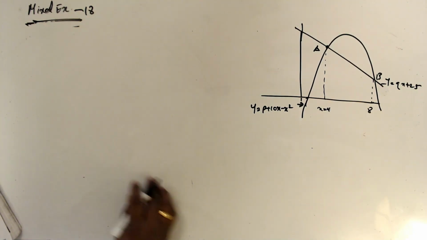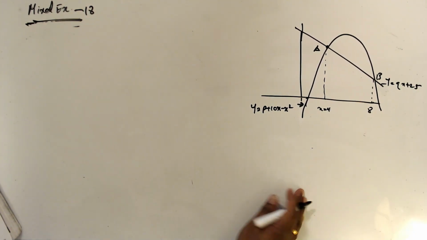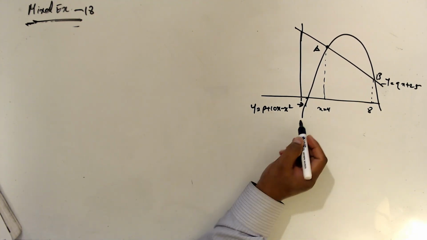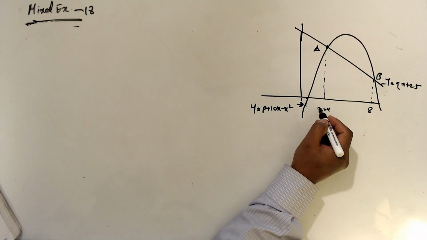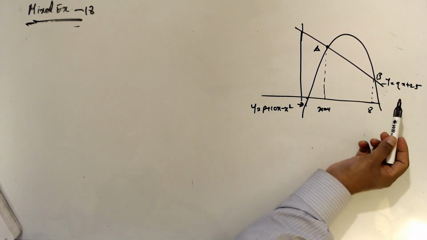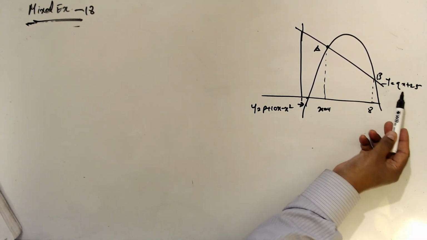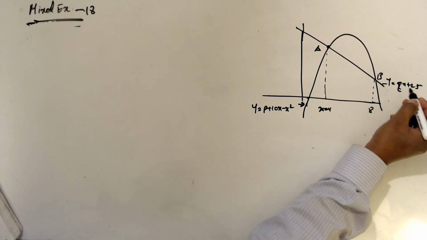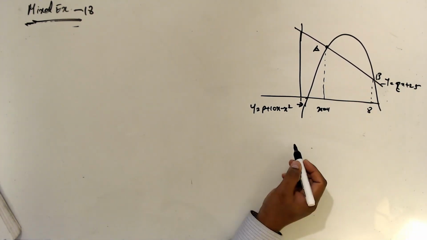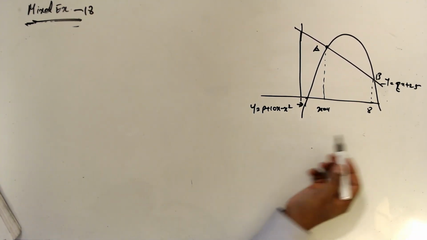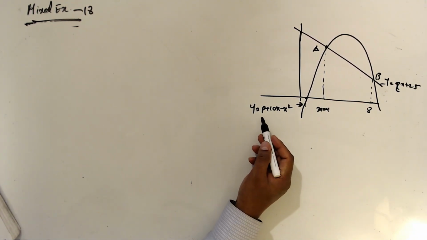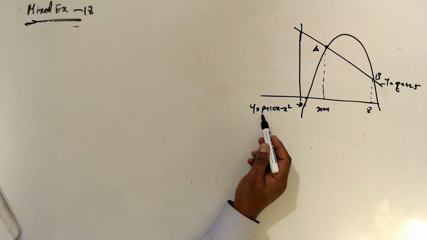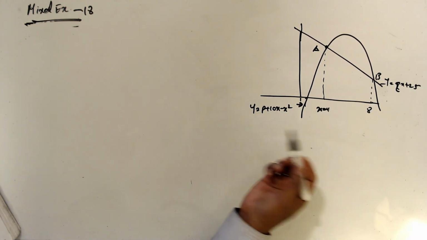Next exercise, question number 18. This is a quadratic equation, x equal 4, and there's a line equation y equal qx plus 25. Now, with the observation, we can see that p and q are unknown.